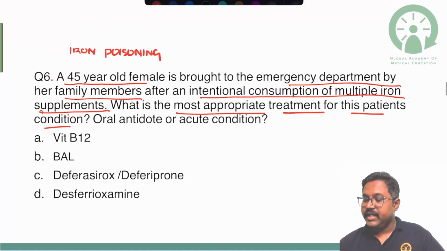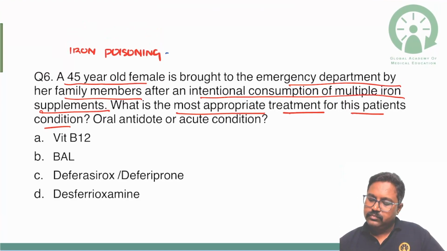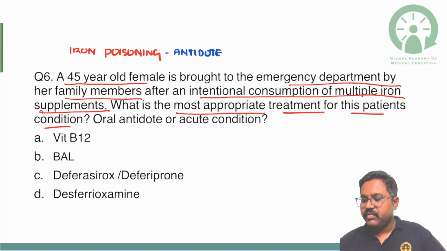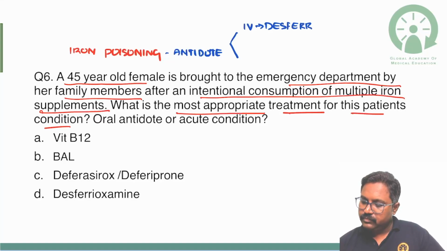what will be the antidote here? The antidote for iron poisoning is divided based on the route. In the case of acute emergencies, you can go for desferrioxamine.